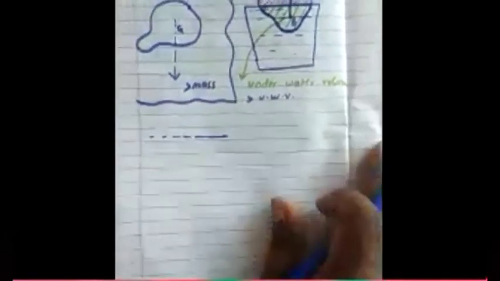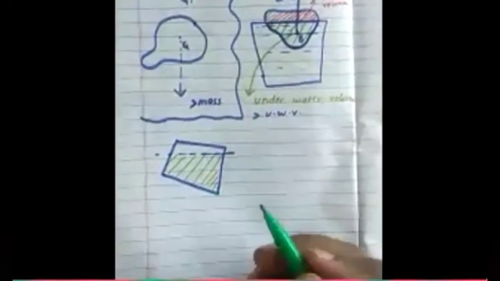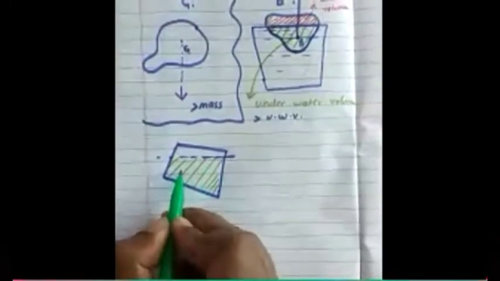Suppose this is my water line, and any object is in it like this. The green shaded portion is the underwater volume, right? In this condition, my center of buoyancy cannot be on the left side.